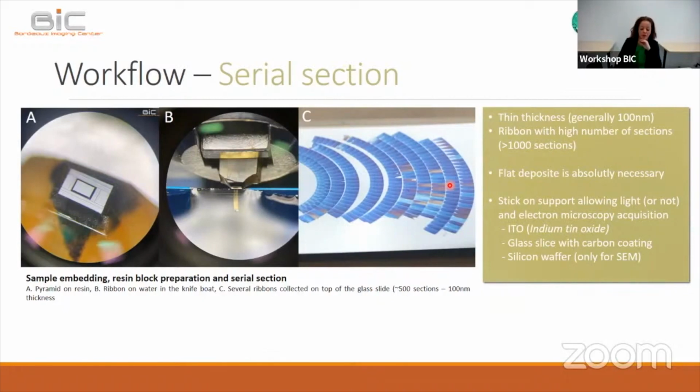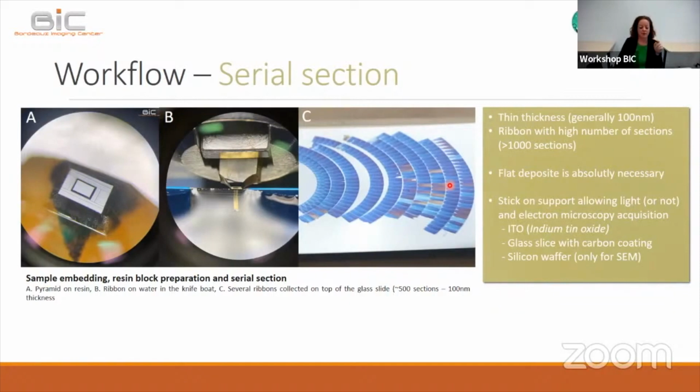And that's why we have to pay specific attention to the support that we will use. So if we want to do immunolabeling, we have to use, for example, a glass slide with a carbon coating, but we can also use ITO, indium tin oxide, but it's a little bit expensive, so a glass slide is enough.